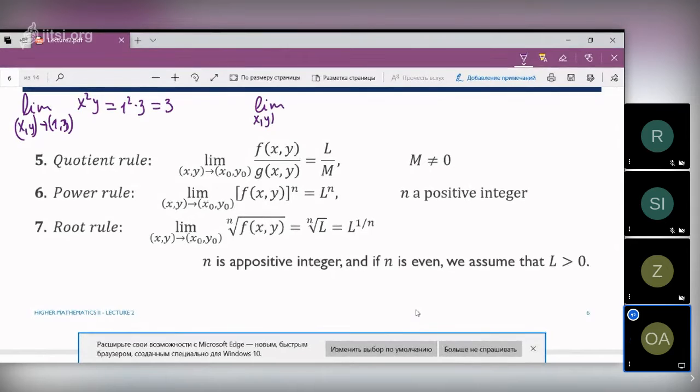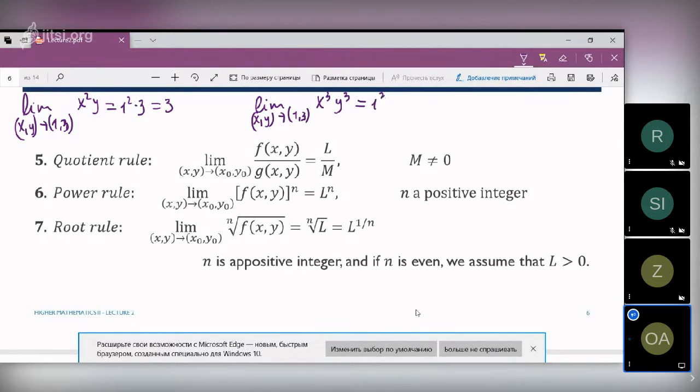Okay, we have one example here. The limit as (x, y) tends to (1, 3) again, and we have to find another function, x cubed y cubed.